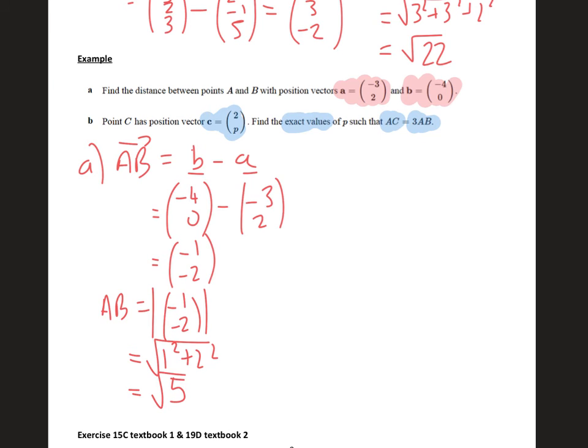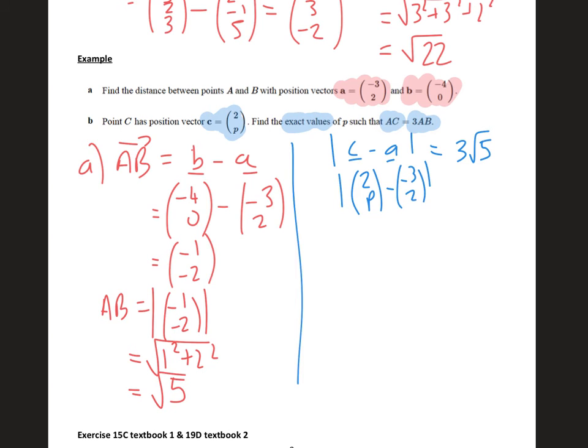And to get AC, I do the magnitude of c minus a. So that's the magnitude of (2, p) minus (-3, 2), and that needs to equal 3 root 5. So if I work that out, 2 minus minus 3 gives me 5. p minus 2 is just p minus 2.